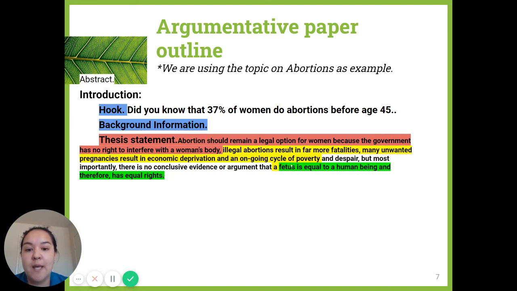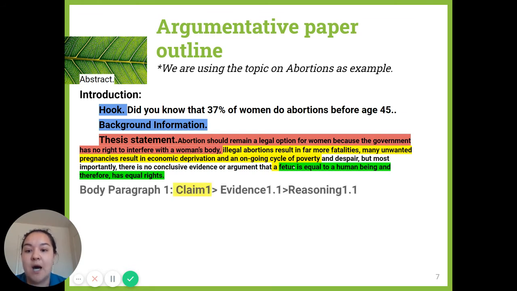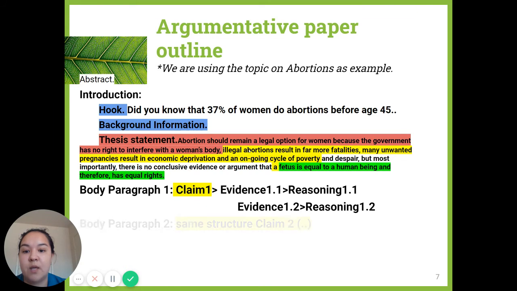So in yellow and green highlight, I have annotated some of our claims that we will unpack in each of the body paragraphs. So we would have claim 1, probably about the level of abortion fatalities here.